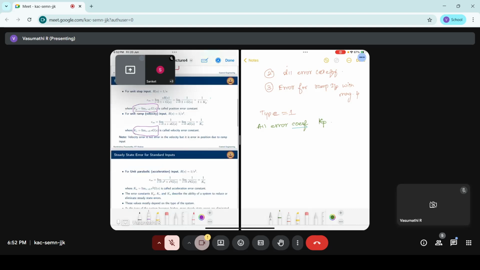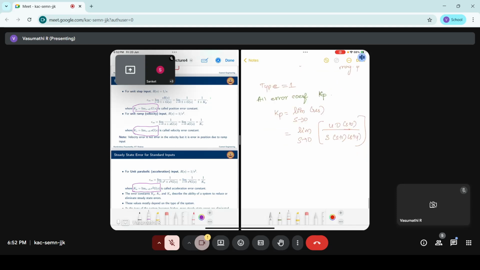Kp, Kv, and Ka. I have put it in a box. Just take Kp is equal to limit s tends to 0, G of s, where G of s is given as 40 by (s plus 2) by s into (s plus 1) into (s plus 4).